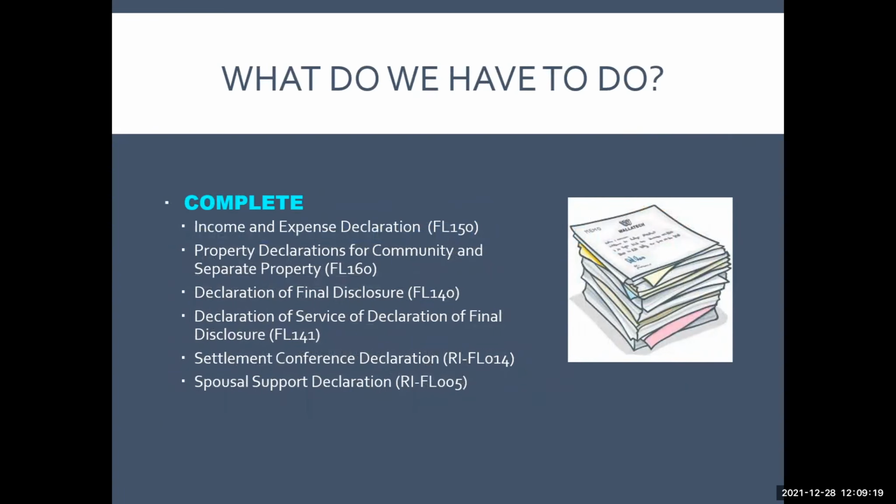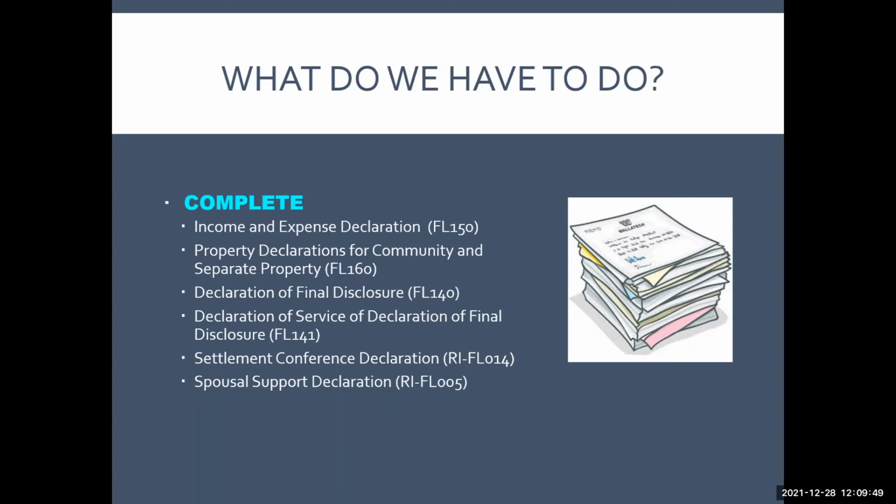So what do you have to do to prepare for your settlement conference? Well, first, you'll need to do your disclosures, which consist of your income and expense declaration, your community and separate property declarations, the declaration of final disclosure, the declaration of service of declaration of final disclosure, your settlement conference declaration, and potentially your spousal support declaration.